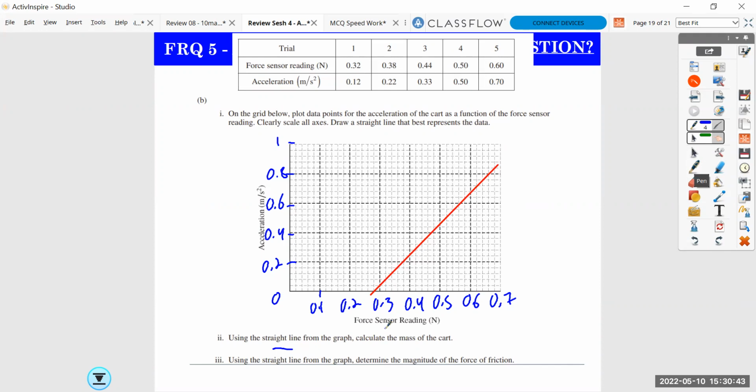The relationship between force and acceleration, we know, is net force equals ma. The thing is, this is not our net force that's shown. What we've actually got is our tension force minus friction equals ma.